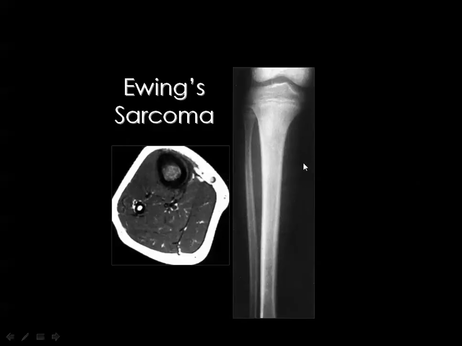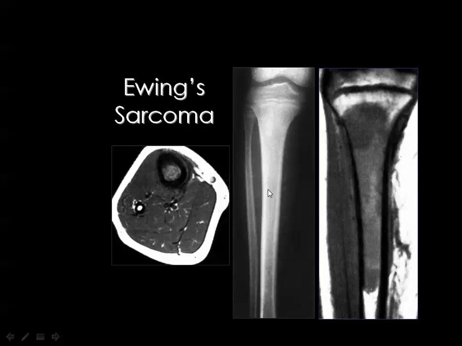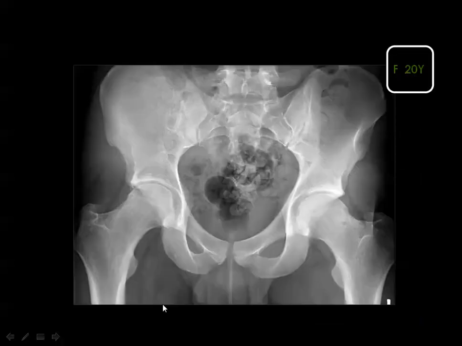And in this plain X-ray, you can also see that the proximal tibia is relatively sclerotic with loss of the corticomedullary differentiation, and in the coronal MRI, there is a large tumor invading the bone marrow over a long segment of the proximal tibia associated with extraosseous soft tissue component.